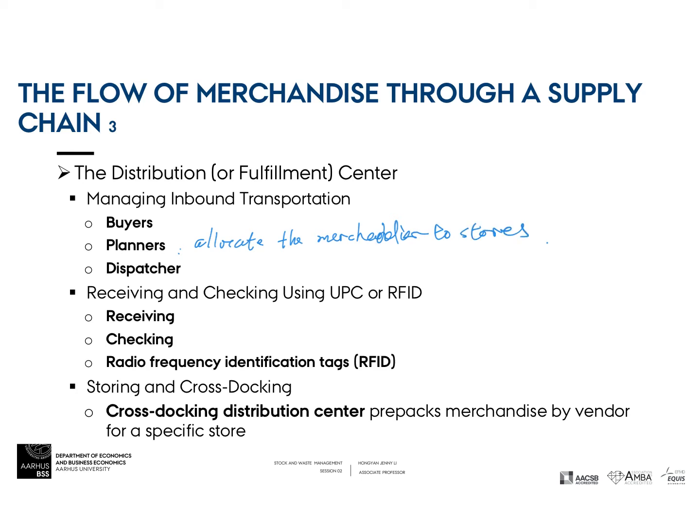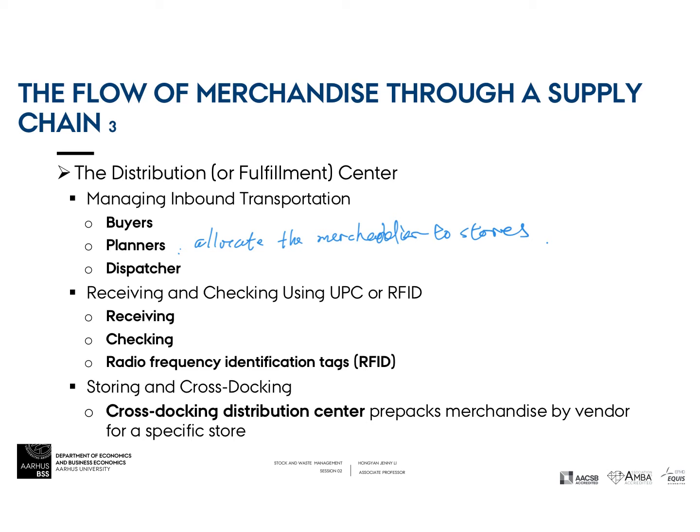The dispatcher investigates the delivery to the distribution center, and if the goods are delayed, the dispatcher needs to reassign the delivery to the distribution center on another day, at a later time. Of course, there are costs involved, and then receiving and checking using UPC or RFID.